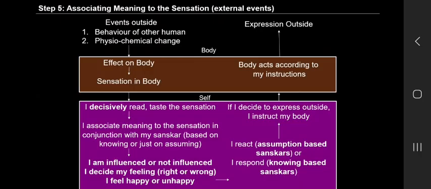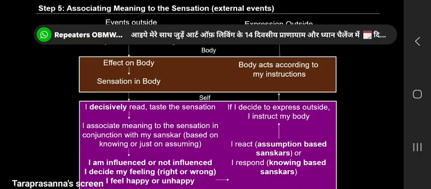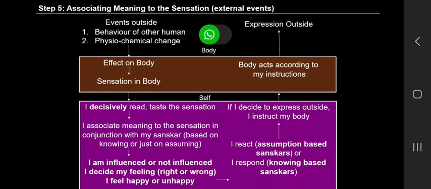If my sanskars are based on assumption, then I can read this sensation in another manner. For example, how can you be angry with me? If I am reading with this meaning, then I will be angry inside and I will react inside, and I will give instruction to my body to react outside.